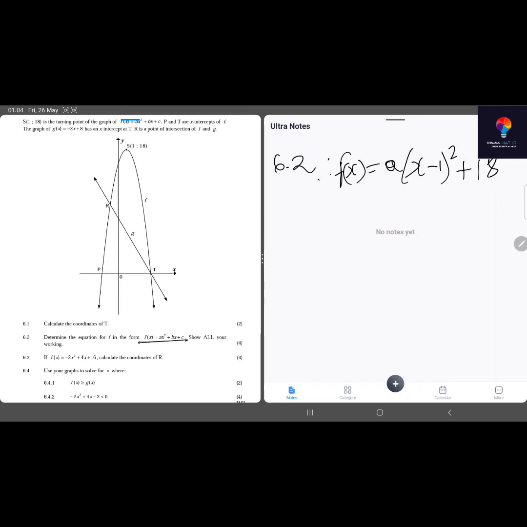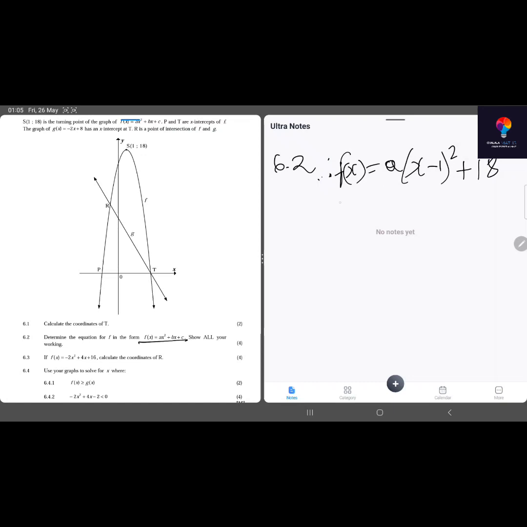This is the standard form that we can use when we are completing the square to get the coordinates of the turning point. Already we have been given the coordinates. Because we know the coordinates of T, we can replace the coordinates of T into the equation above.